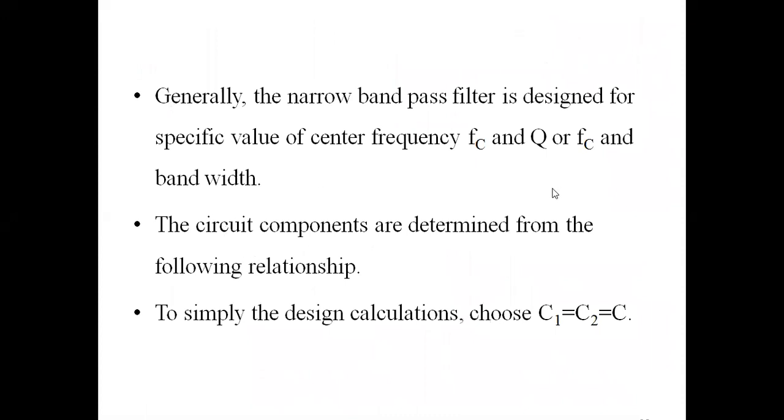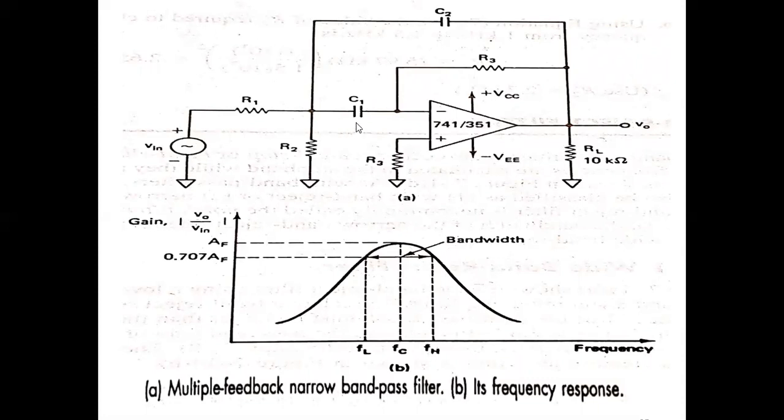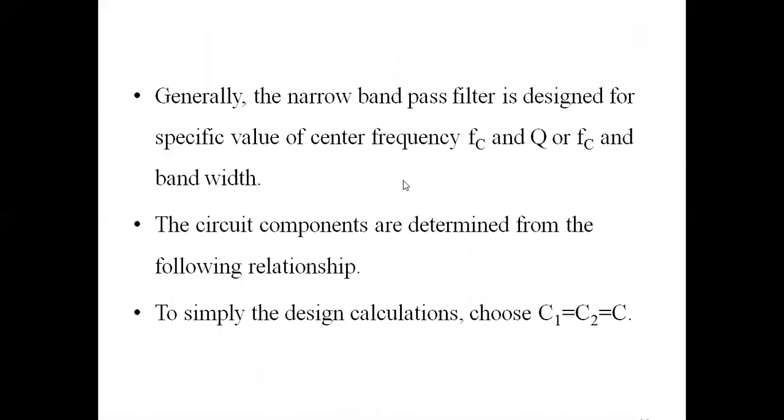The circuit components are determined from the following relationships, and in order to simplify the design calculation, we should select the values in such a way that C1 is equal to C2. In this way, we can select our components to make the design calculation simple.